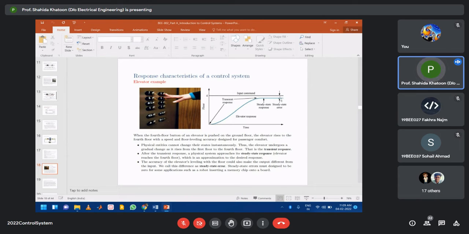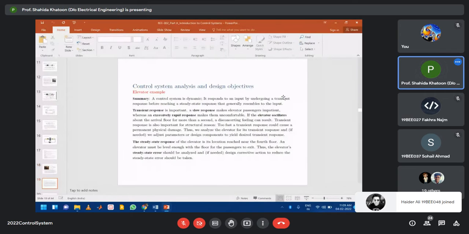We call this difference steady state error. This difference between the input command and the steady state response is the steady state error. So steady state error must be designed to be zero for some applications such as a robot inserting a memory chip onto a board. So this error is a critical variable.